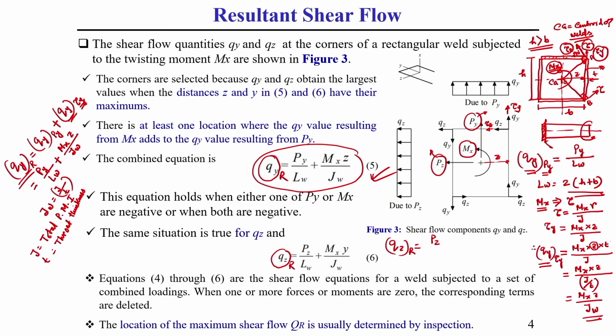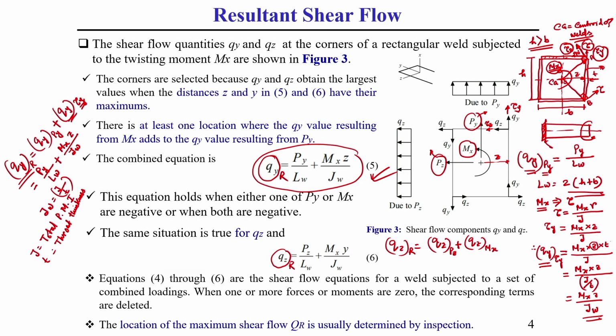due to Pz force, that means here I am writing Qz which is due to Pz force, direct force Pz, and there will be Qz which is due to torsional moment Mx. This you should keep in mind.